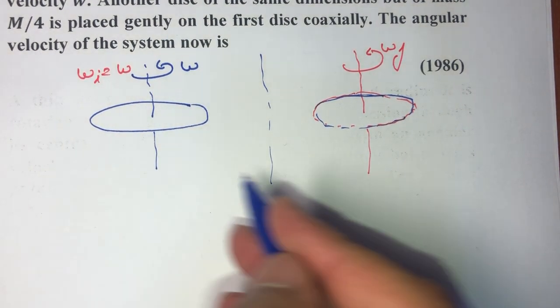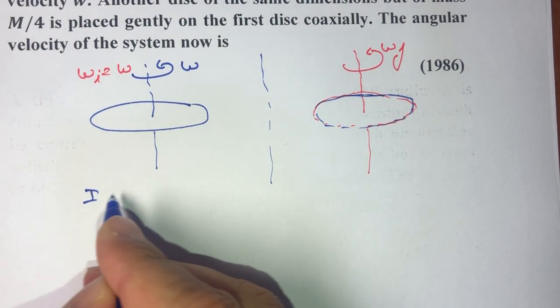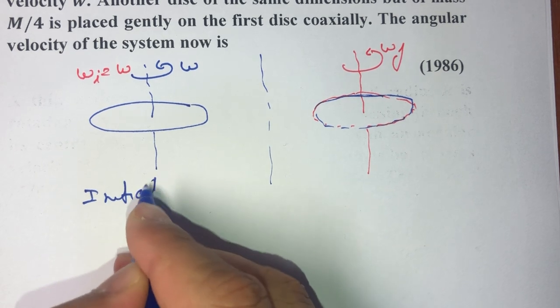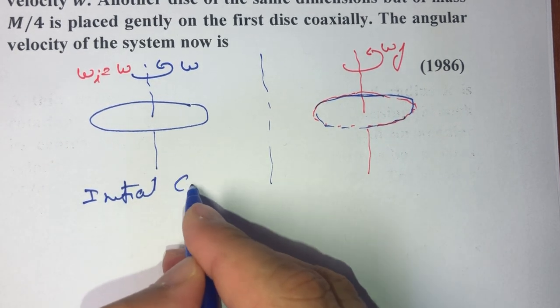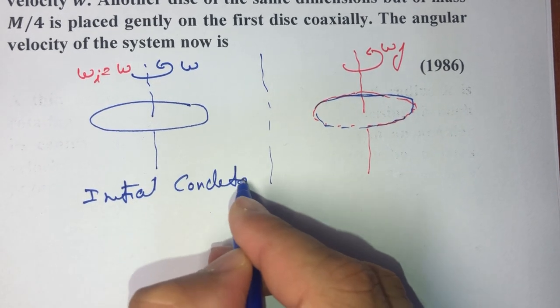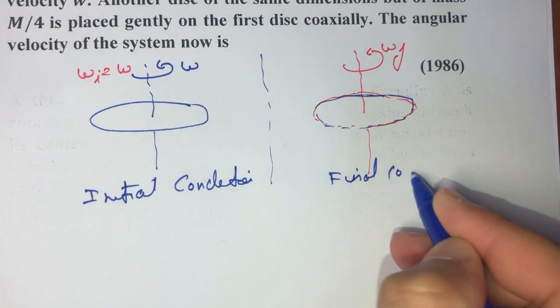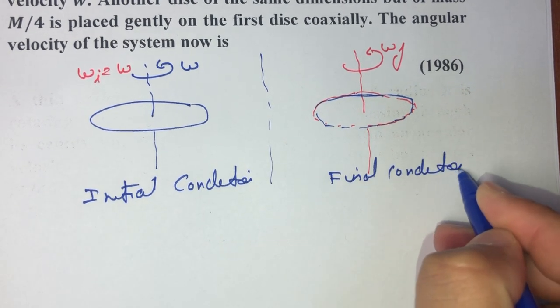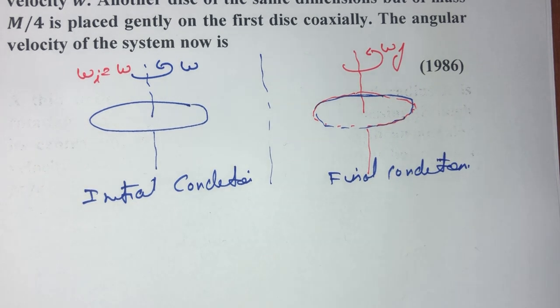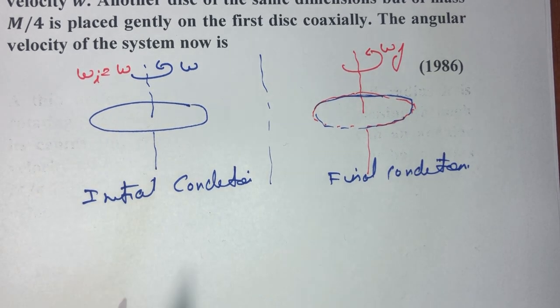So we can call this the initial condition, and let us call this the final condition. So we can find out the moment of inertia for the initial condition.